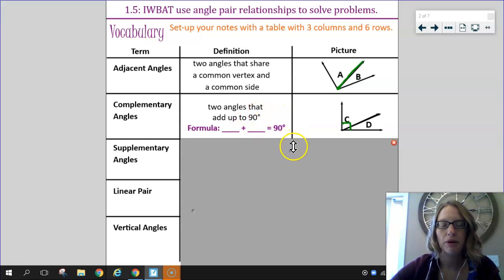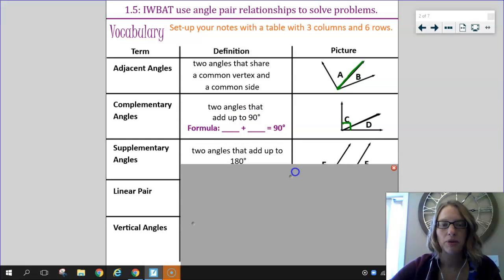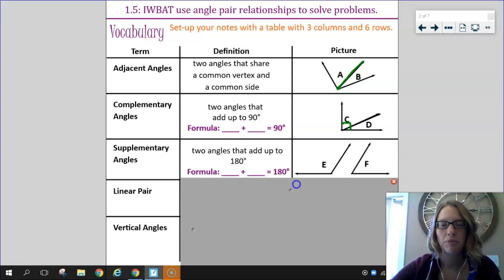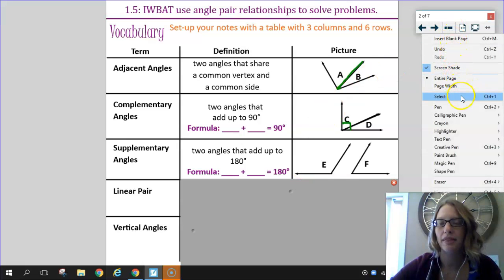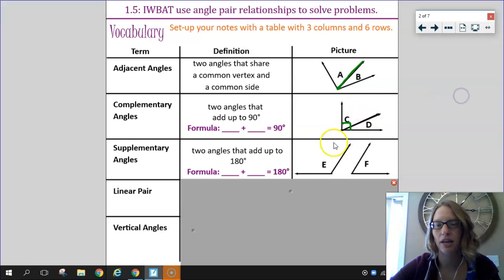Next, we have supplementary angles. Supplementary angles are 2 angles that add up to 180 degrees. For example, in the picture, angle E and angle F. The formula for supplementary is to take one angle plus the other angle, and they should add together to be 180.